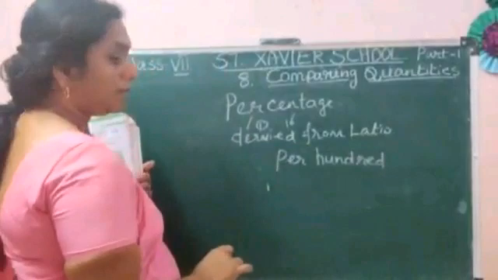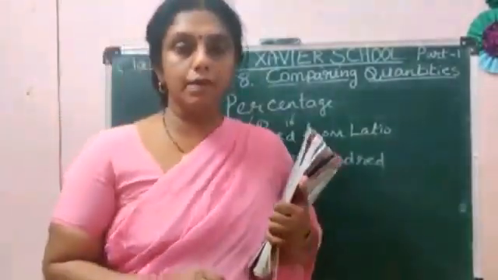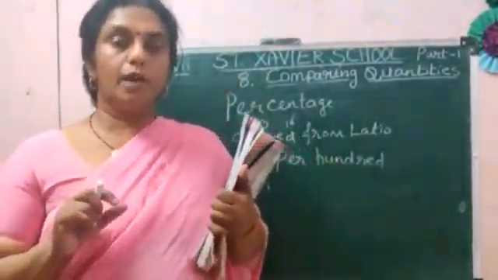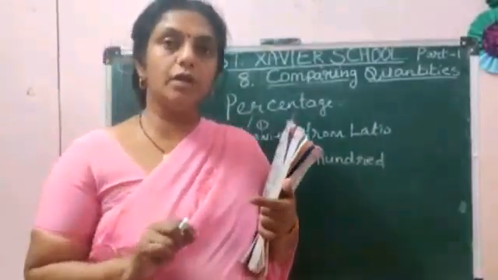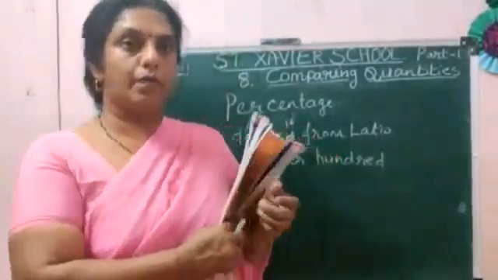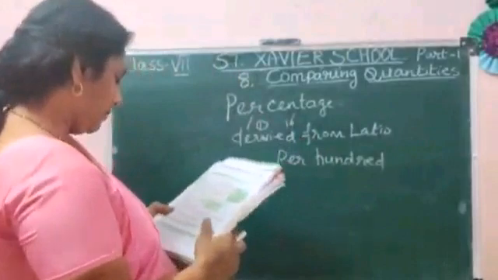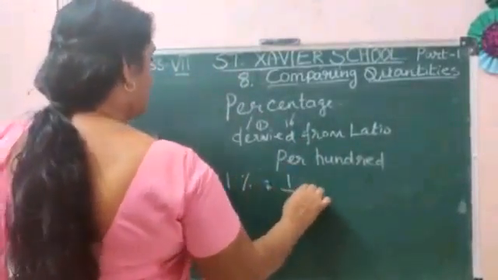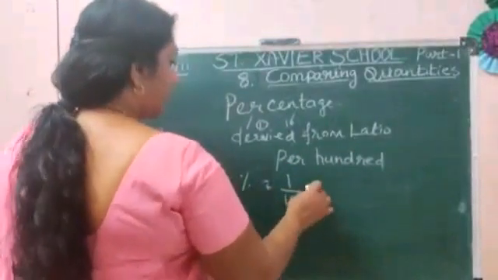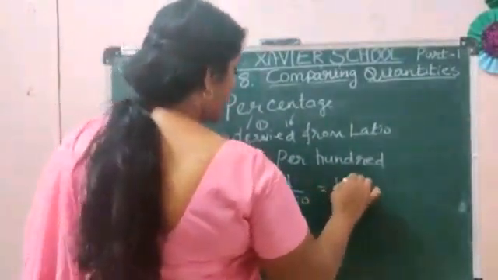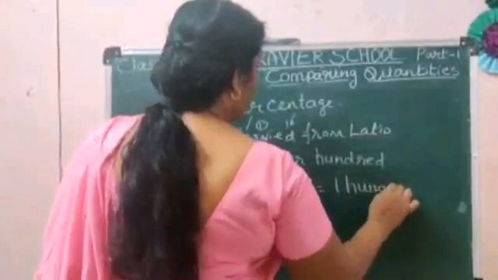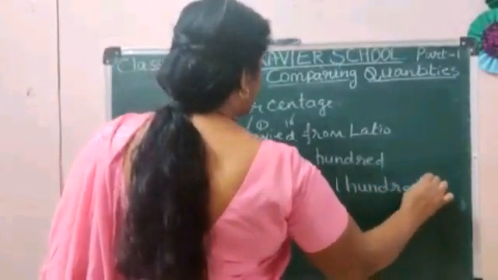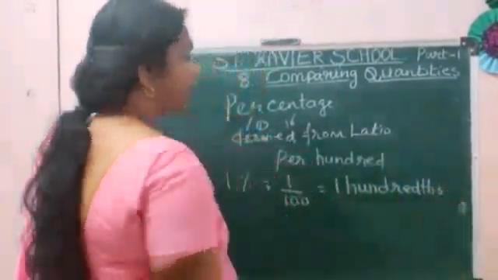So now, what is percentage? Percentage is a numerator of fractions with denominator 100. 1% means 1 by 100. As 100 is in the denominator, we write hundredths.